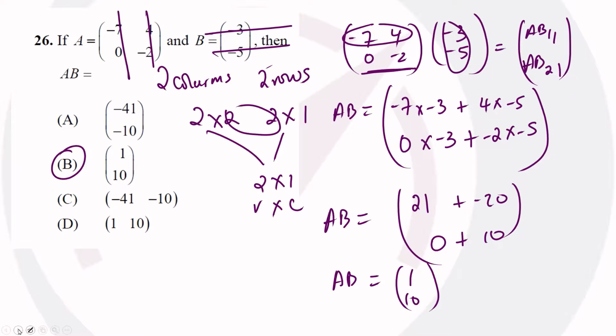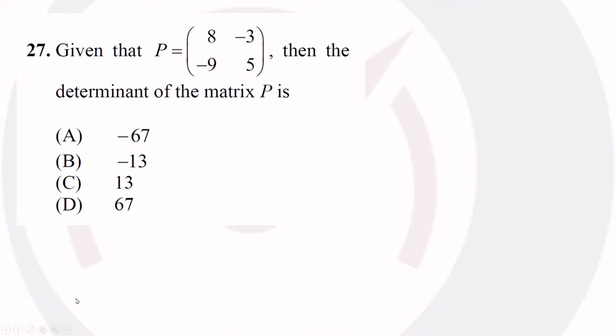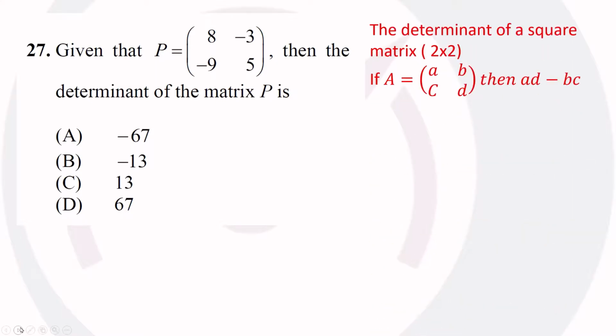Alright, let's look at 27. And now we're going to find the determinant of the matrix. Alright, so how do we find the determinant of the matrix? I'll give you some notes here to refresh your memory.